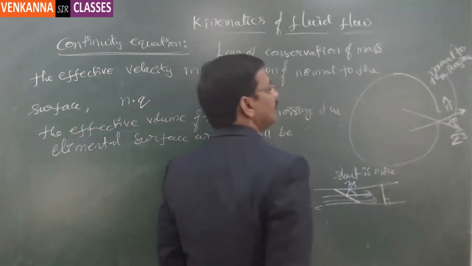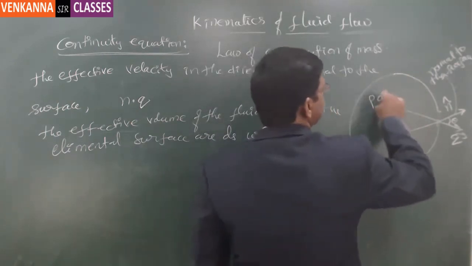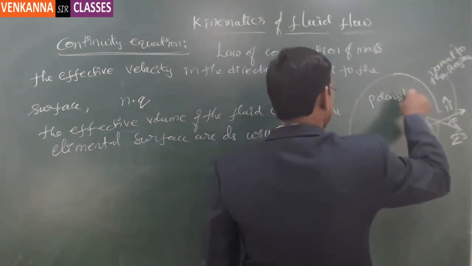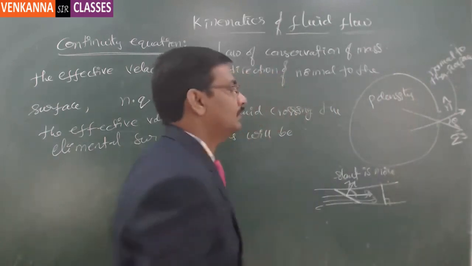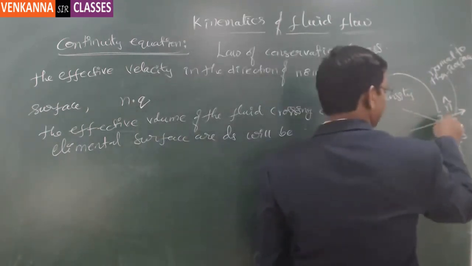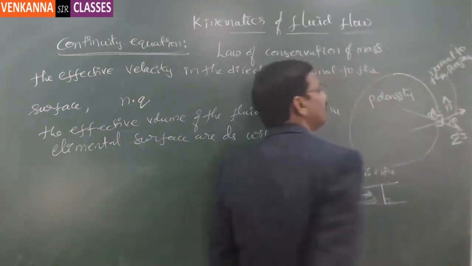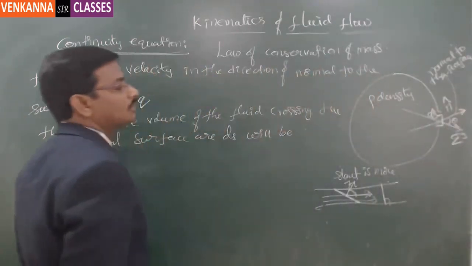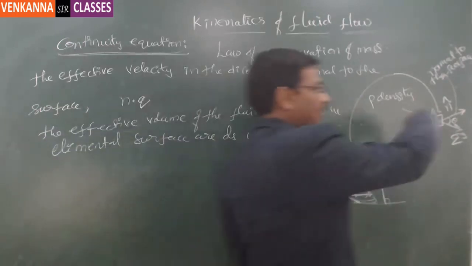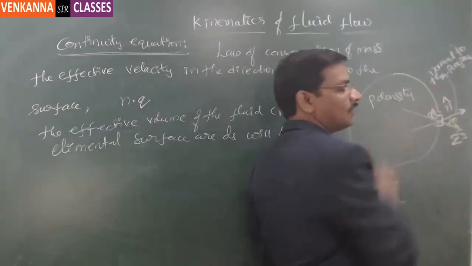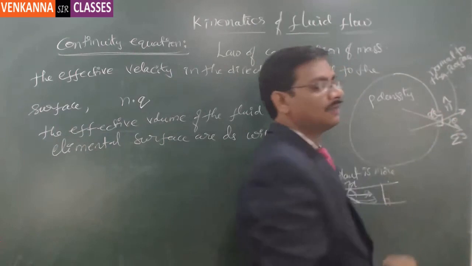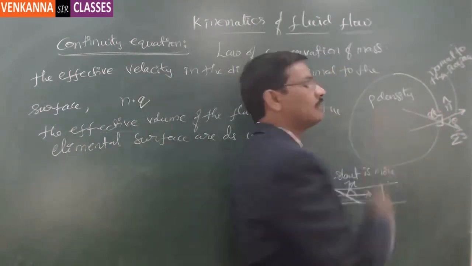And let the density of the fluid, rho, be the density, and then you have considered an elemental area here whose normal is n cap. So this is the elemental area ds. Now the volume of the fluid that is crossing with a velocity of q for an elemental area of ds and having a density of rho will be how much?